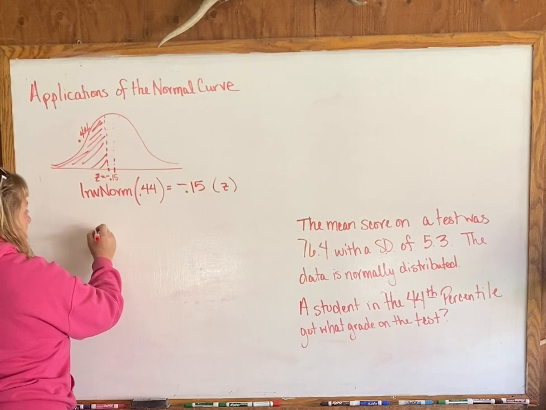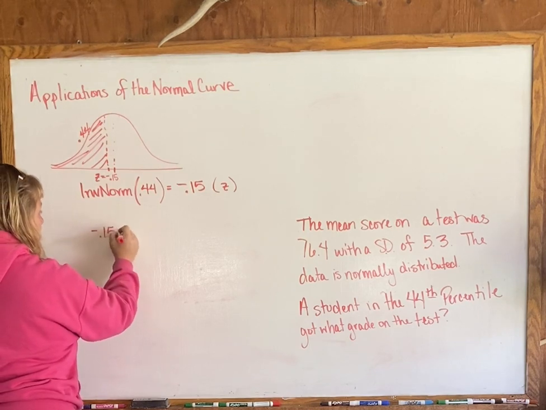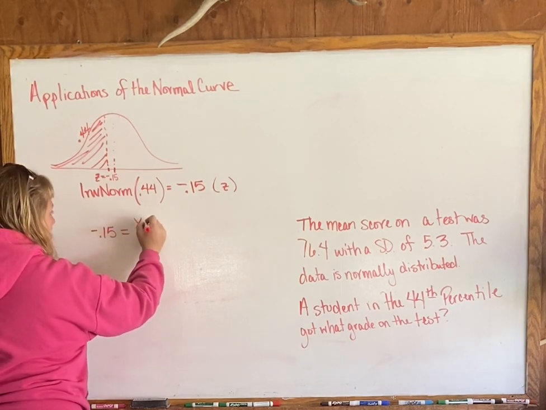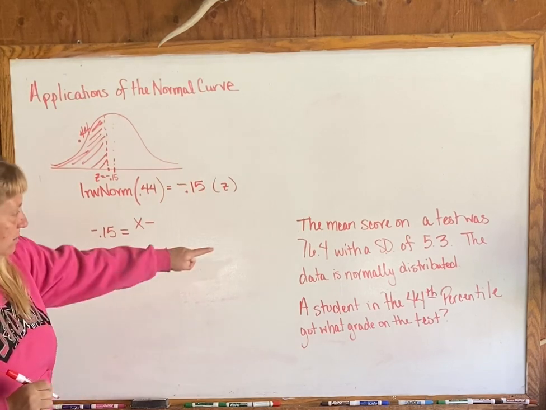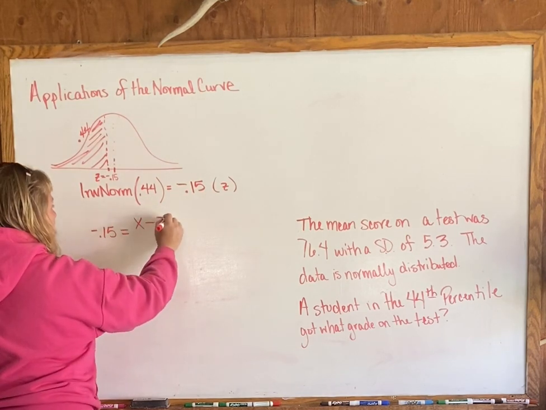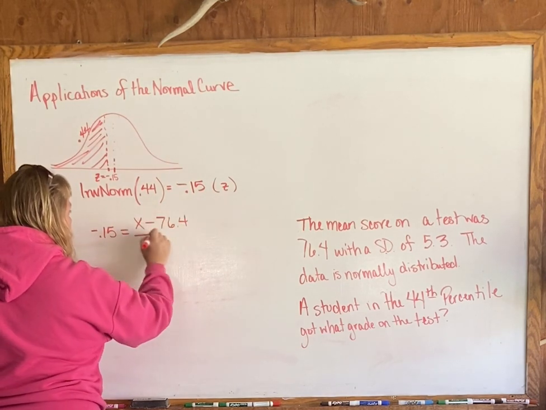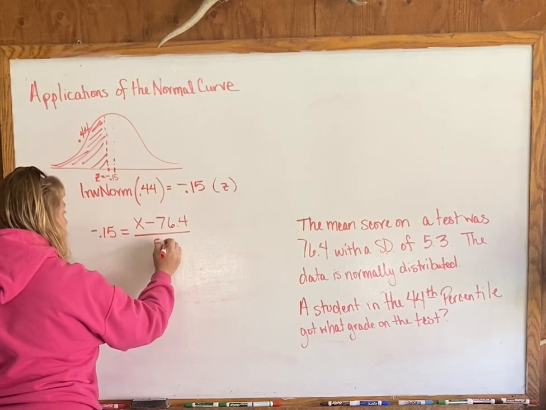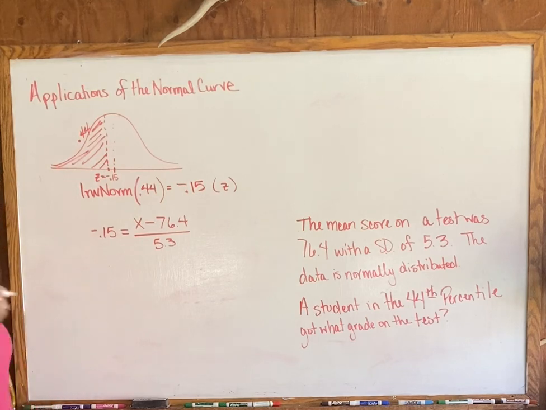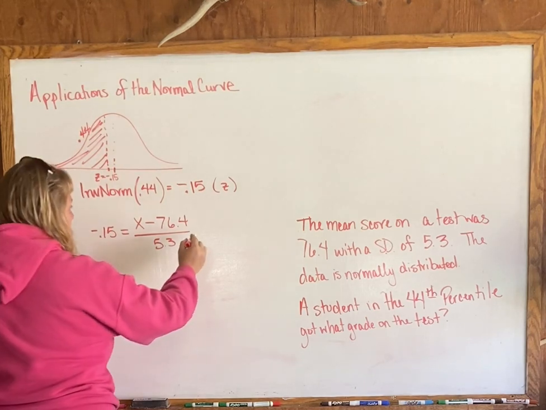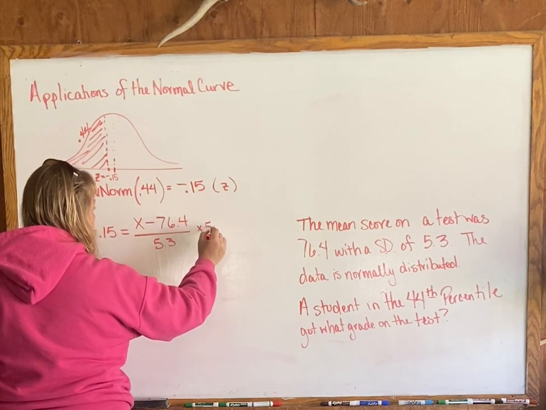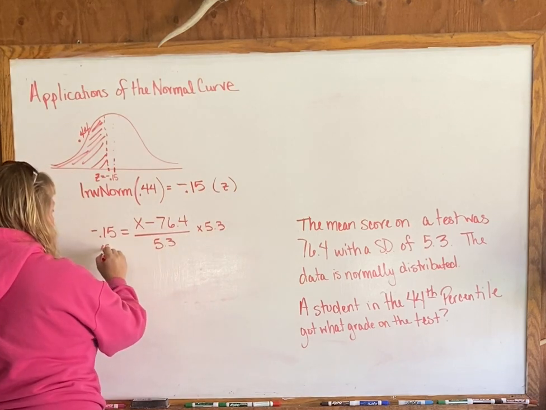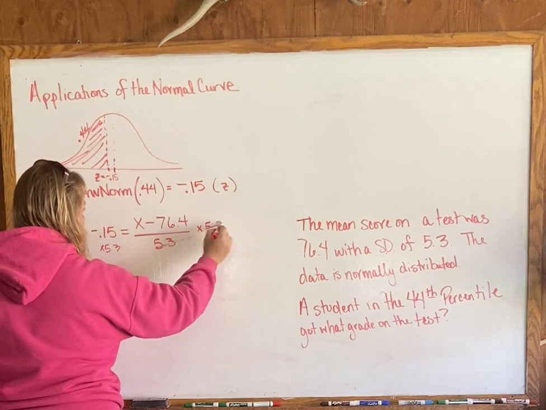So we're going to let negative 0.15 equal x minus the mean, which was 76.4, all over the standard deviation, or 5.3. And then one more time, we're going to use our algebra skills, multiply by 5.3. Gets rid of that.